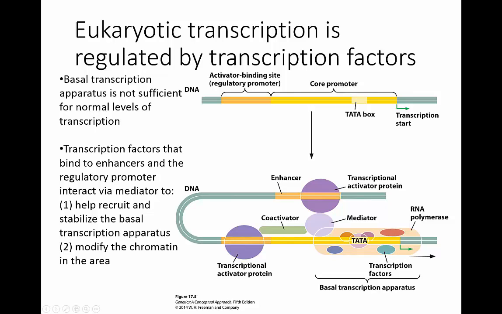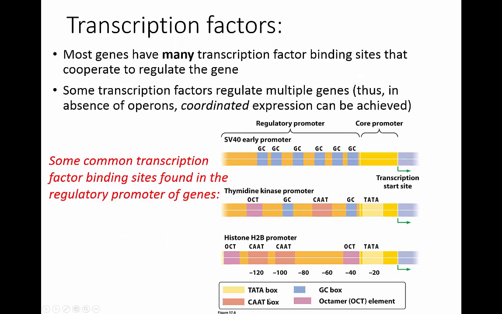They can help to both bind and to stabilize this apparatus that binds at the core promoter, and they will also help to modify the chromatin environment in the area to make it more accessible for the basal transcriptional apparatus to bind. So, most genes have many transcription factor binding sites that all cooperate to regulate a gene.